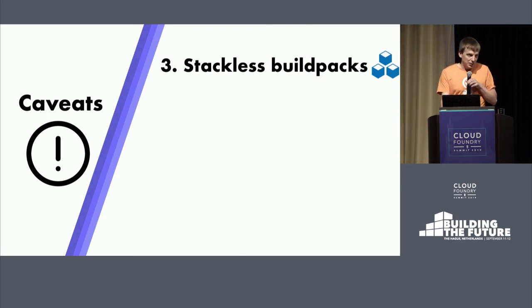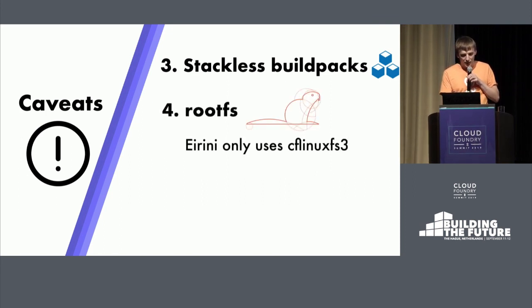Then stackless buildpacks, as I showed, Quarks uses stackless buildpacks. If you try to upgrade a buildpack with a stackful one, it will crash during the upgrade. Rootfs: Eirini uses only the cflinuxfs3 rootfs.